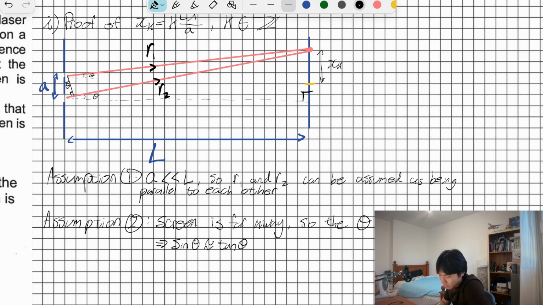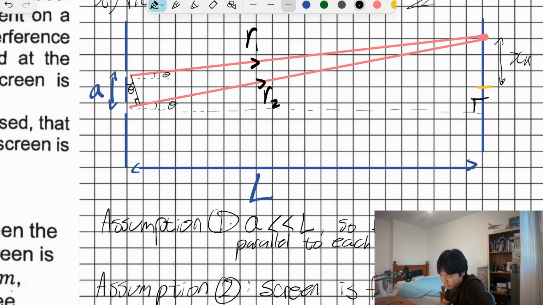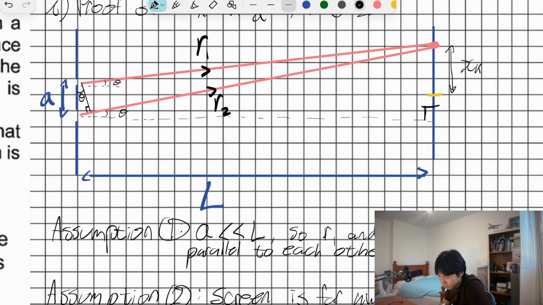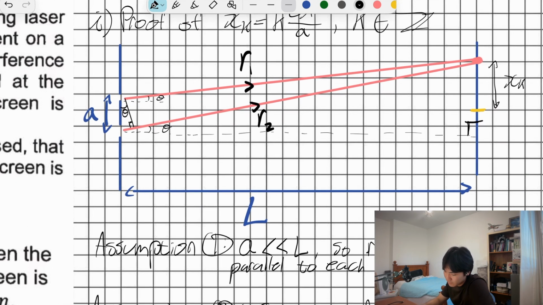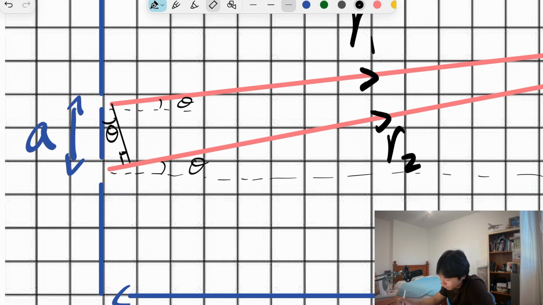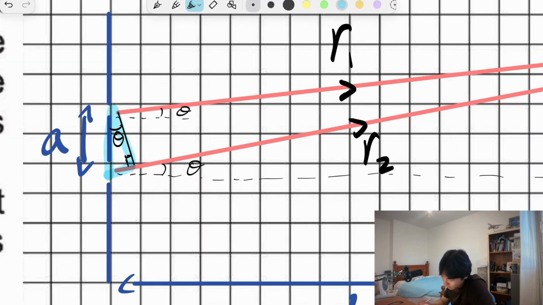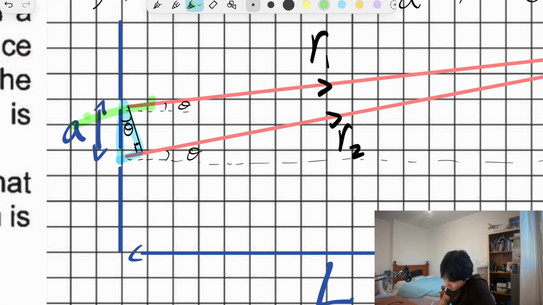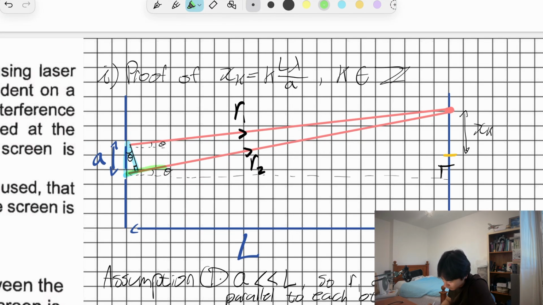So let's call this triangle here, right? We want to make this clear for the examiner as well. We know that there's this triangle here, and we also know that there is another triangle here.